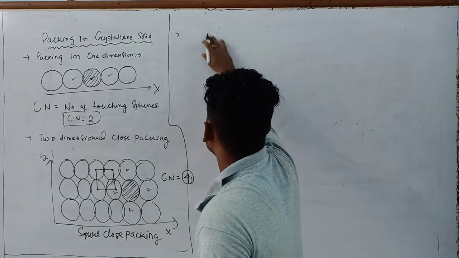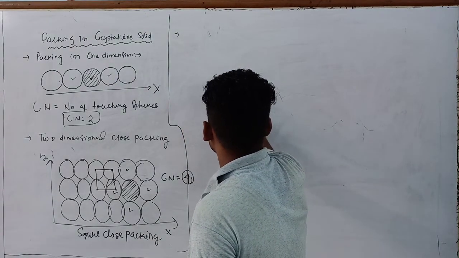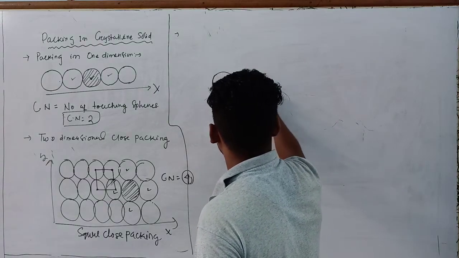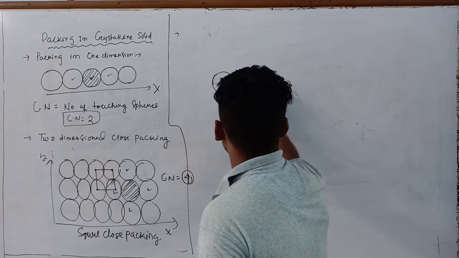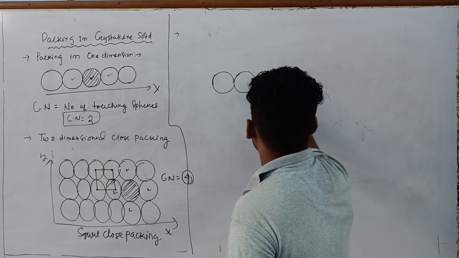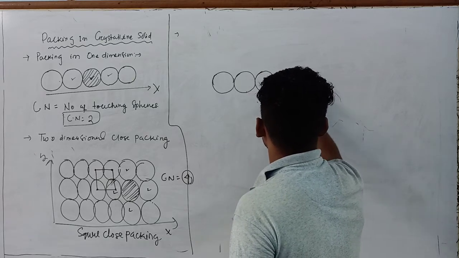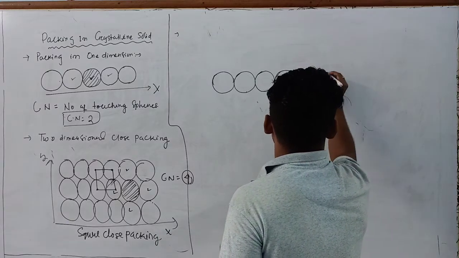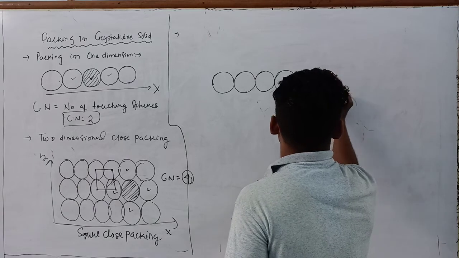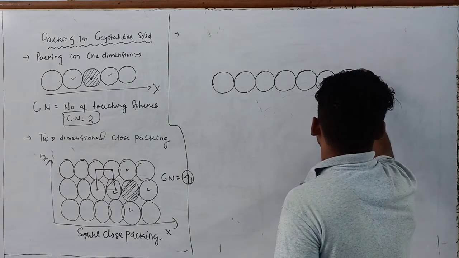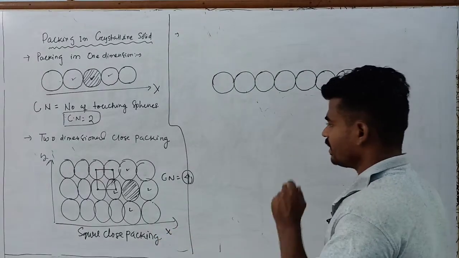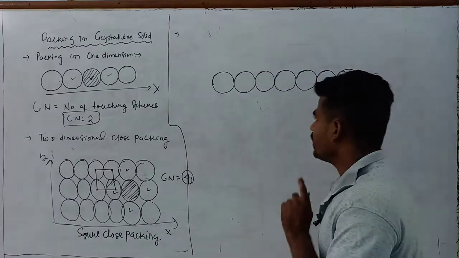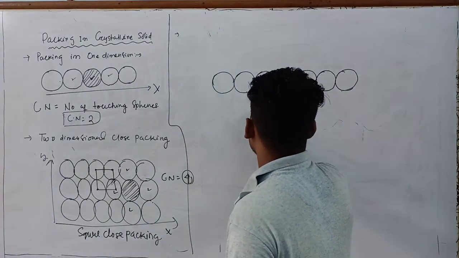Next, after 1 dimension and 2 dimension, packing can be carried out in another manner. Suppose one layer is like this, this much, let's say. And another layer I have to place not vertically aligned to the first, but I am placing the spheres at the depressions of the first layer.